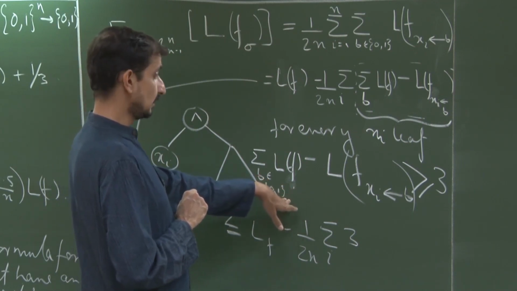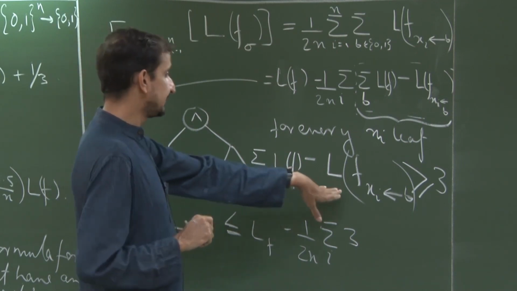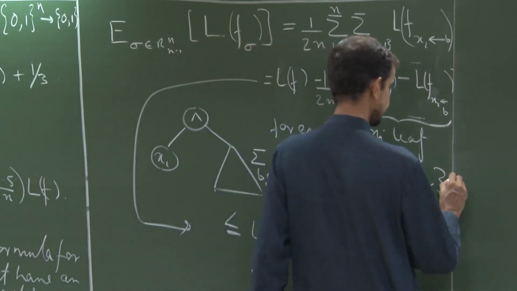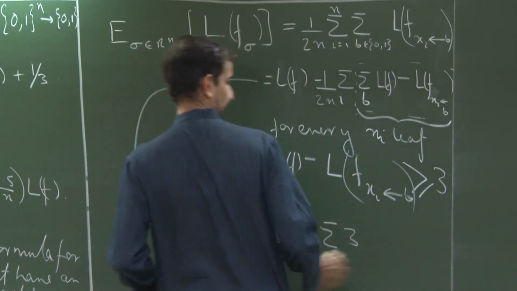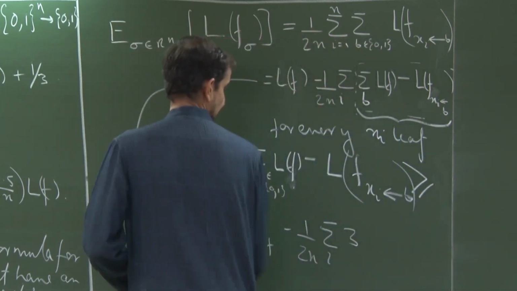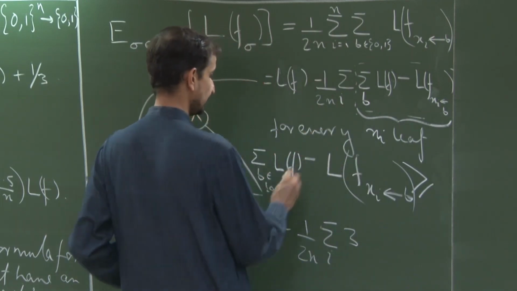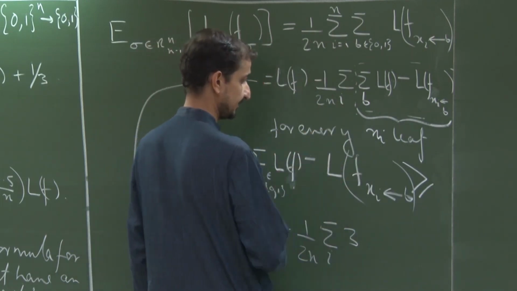Yeah, and it is not just 3, it is actually 3 times Li. For every xi leaf I am removing 3 nodes, for every xi leaf 3 leaves are removed.